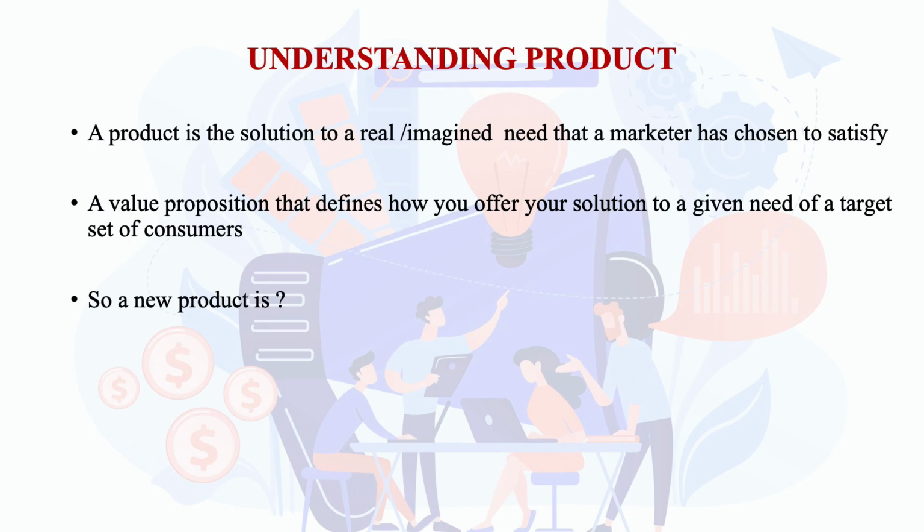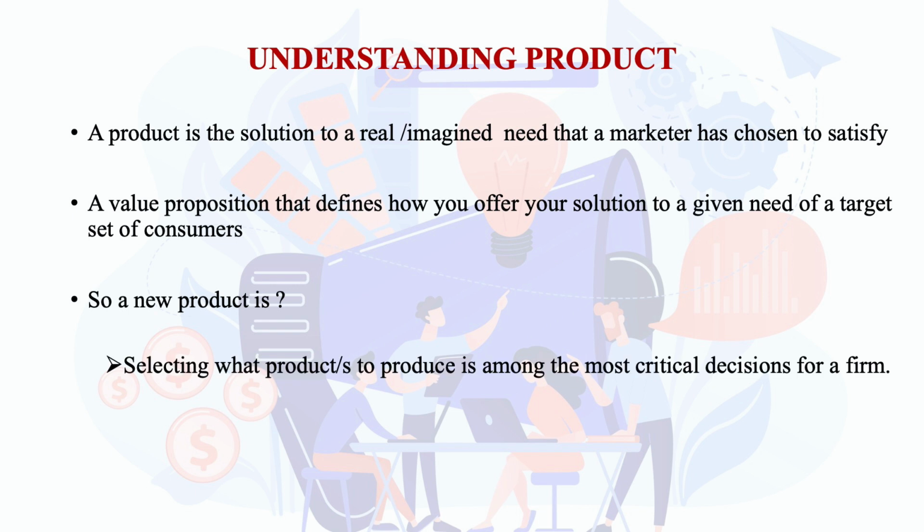Now, as a marketer, you would find that when you want to take decisions regarding your marketing effort, selecting what products you want to produce is one of the most critical decisions of a firm. People say firms are today identified by the products they produce, and therefore it's a very, very critical decision that you have to take. And how do we begin to take that decision? We need to look at the customer need.